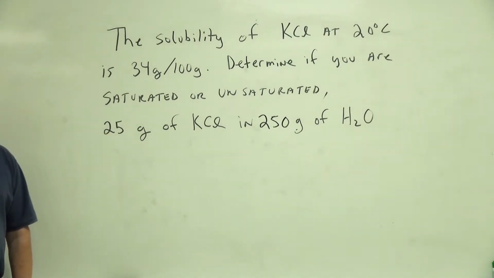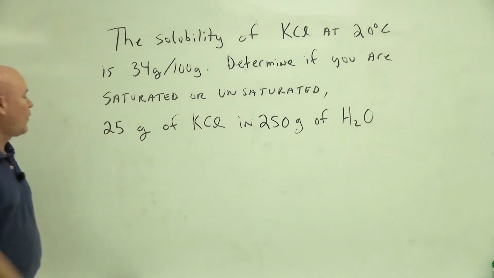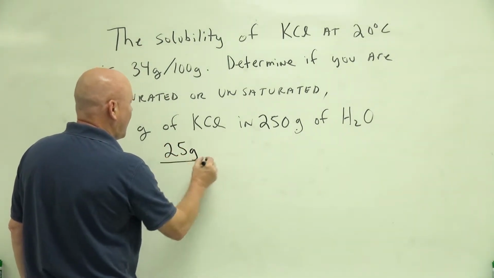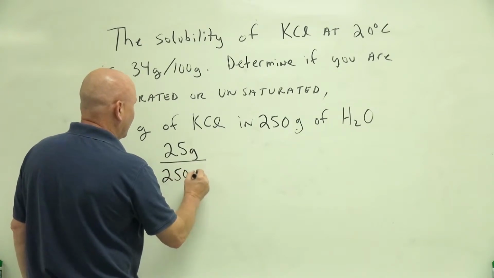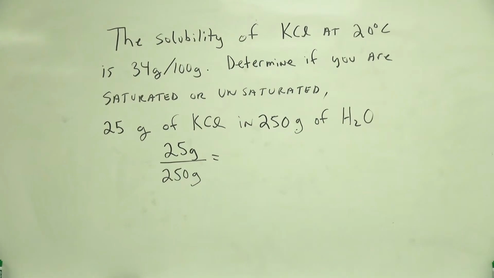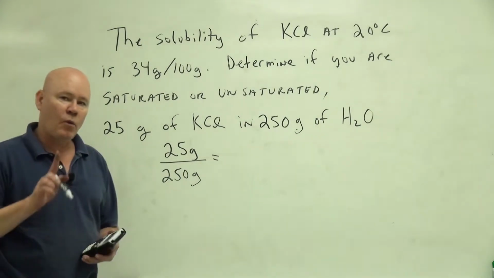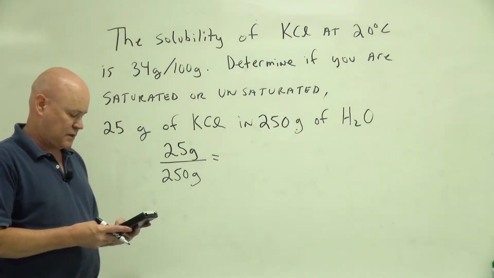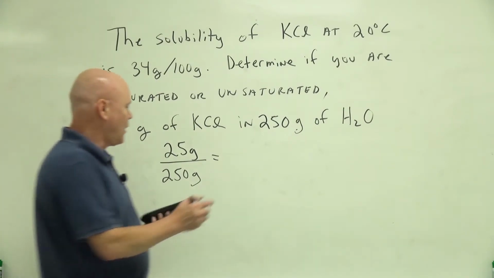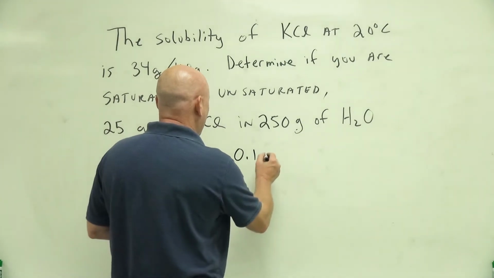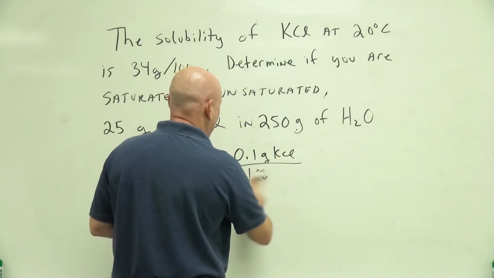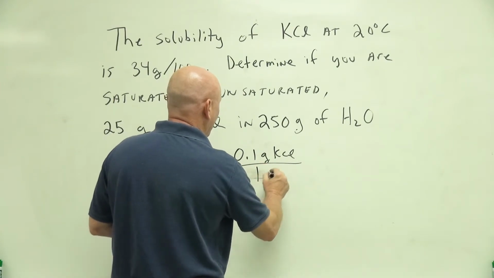We write it out just like before, the 25 grams of potassium chloride over 250 grams of water, and we're going to get a number that's per 1 gram, and that's key. So 25 divided by 250 is 0.1 grams KCl per 1 gram.